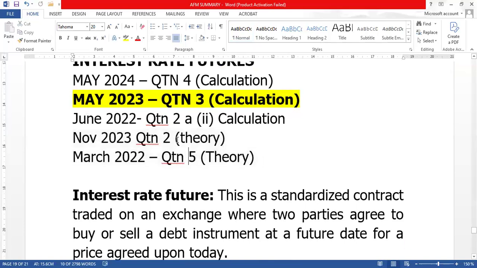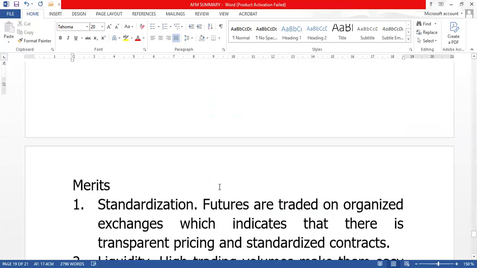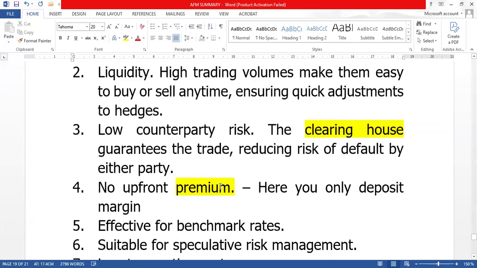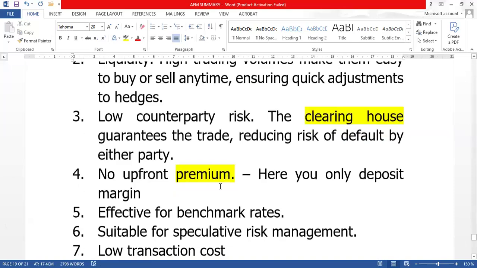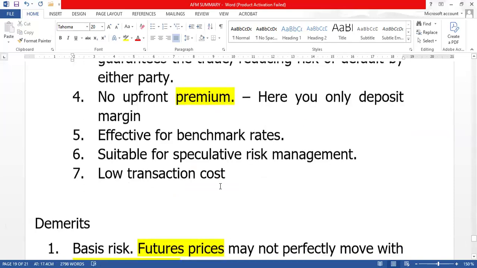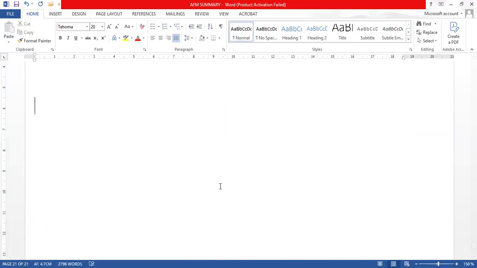The theory is going to help us to pass this paper. So now switch to the computer. We are going to discuss May 2024.